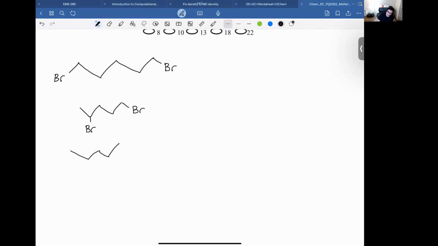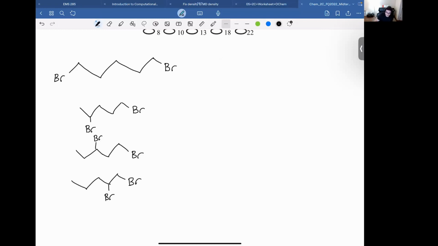If I move it down by one more, I get that. If I move it down by another one, I get this. So you can fix one group and then move the other one around to see how many isomers you have.